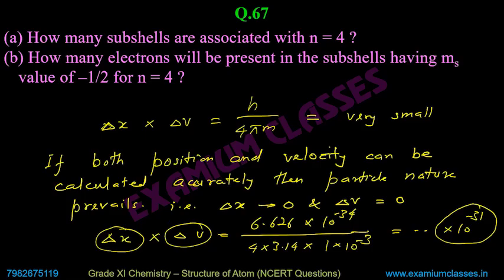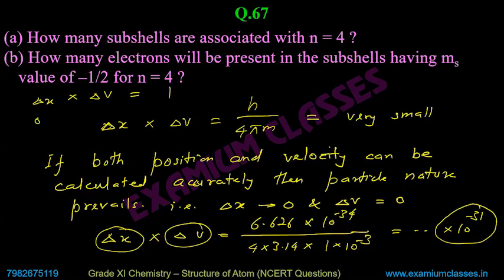So if the product of delta x and delta v, or delta x and delta p, is very, very small, particle nature prevails. If this is a large value, it means either delta x or delta v can be made small, not both. For example, say delta x and delta v product is 1.